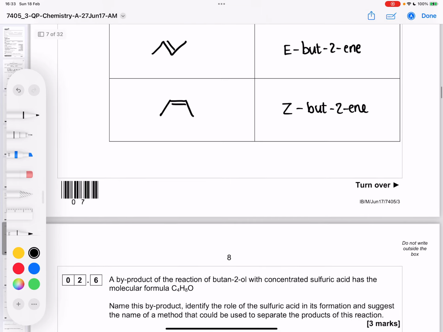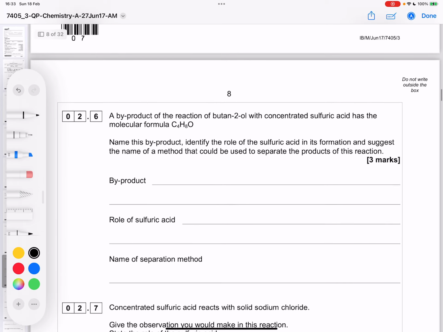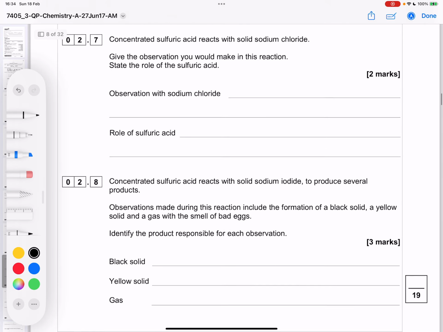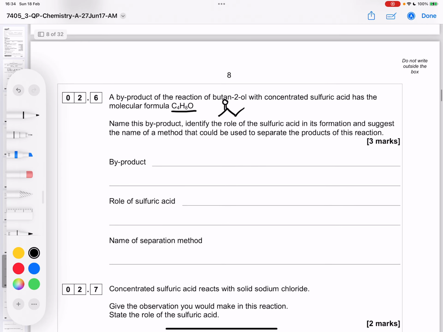Then the question continues. A byproduct of the reaction of butan-2-ol with concentrated sulfuric acid has the molecular formula C4H8O. Well, that's the formula of an aldehyde or a ketone. So butan-2-ol would likely make butanone. So this is saying that somehow the sulfuric acid has acted as an oxidizing agent, which we know it can do in its reactions with halides, so perhaps it can do it in alcohols as well.